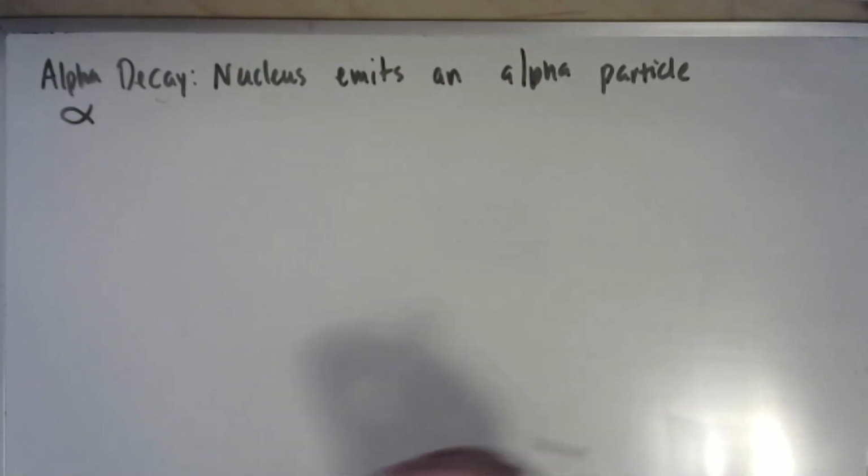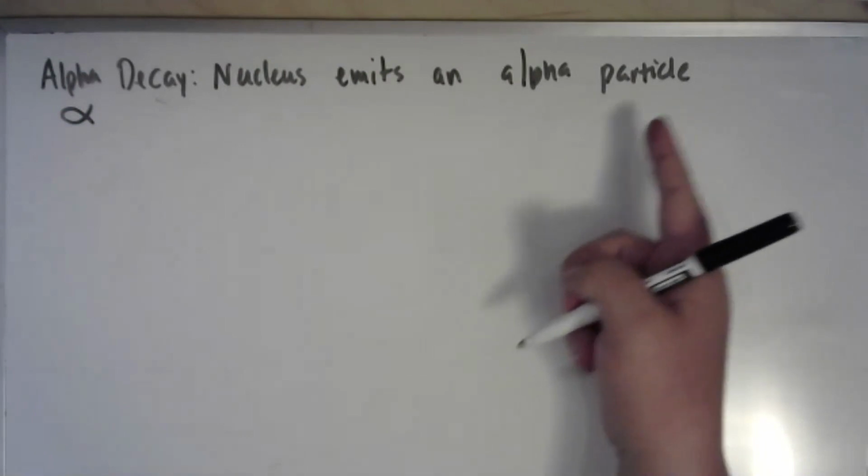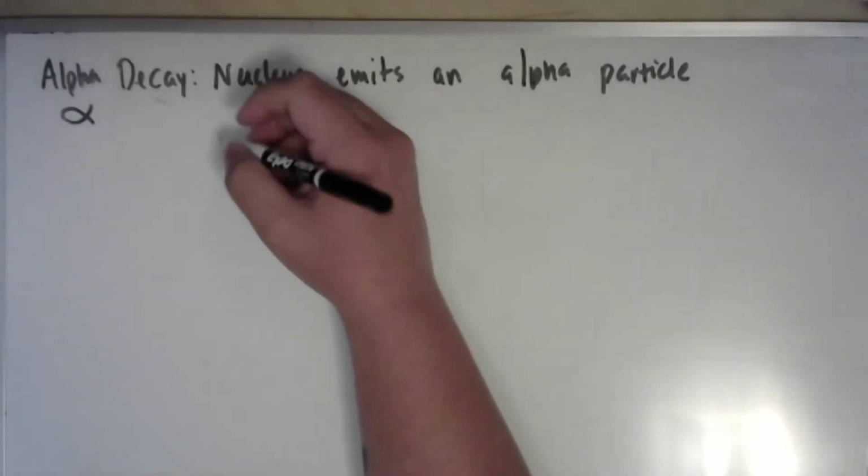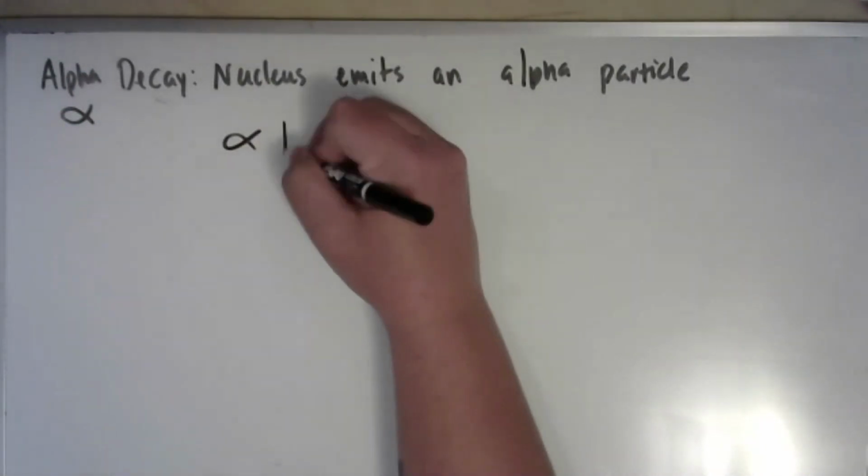That's why it has that helium notation in it. So the alpha particle itself looks like this.